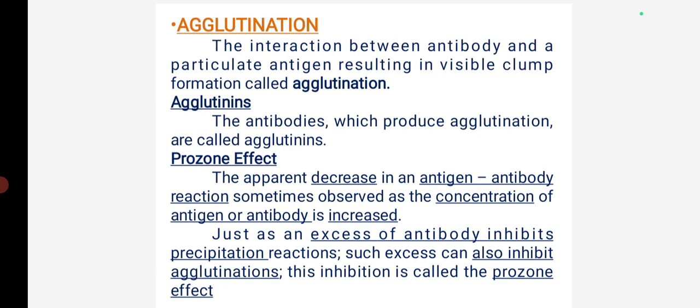The apparent decrease in an antigen antibody reaction is sometimes observed as the concentration of antigen or antibody is increased. Just as an excess of antibody can inhibit precipitation reactions, such excess can also inhibit agglutination. This inhibition is called prozone effect.